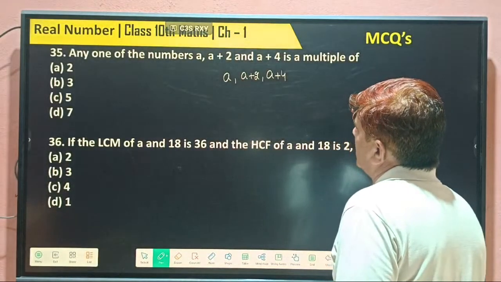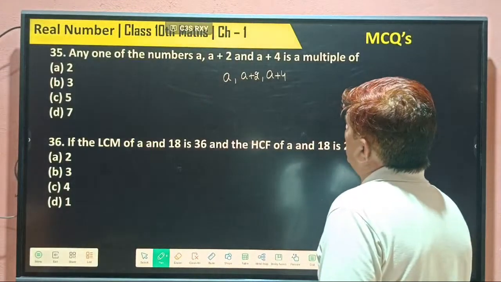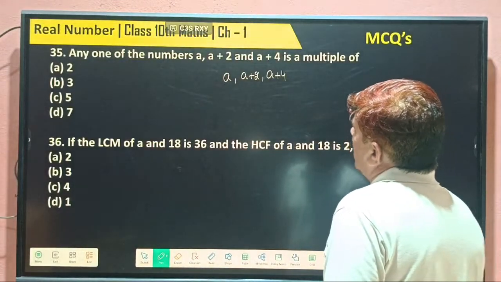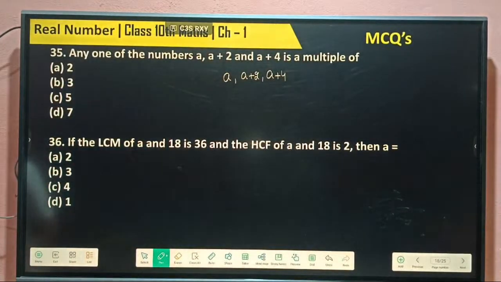Any one of the numbers a, a plus 2, a plus 4 is a multiple of what? So what is a? A is not defined here. So what can you write here? This I can tell you. I am checking the statement.